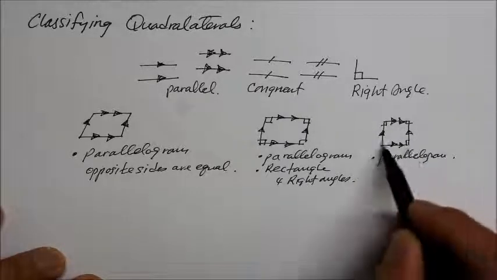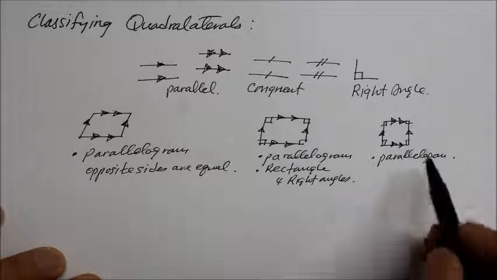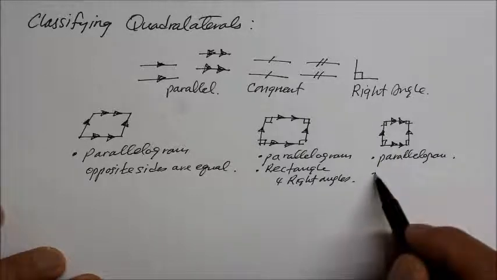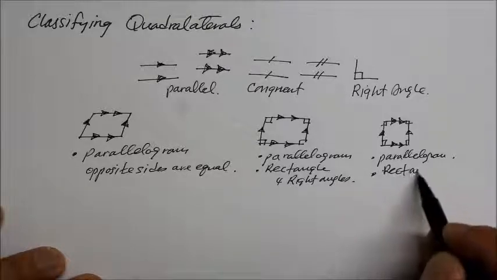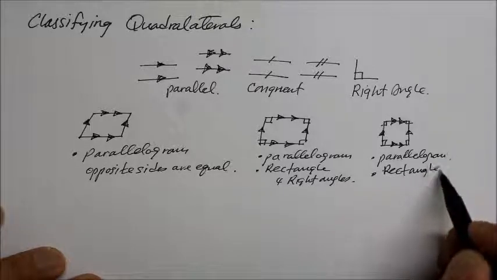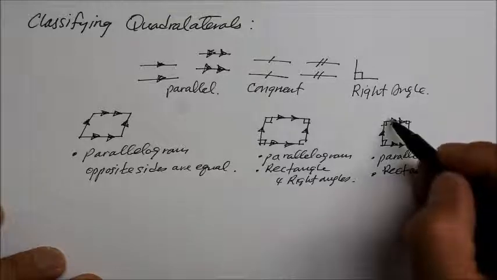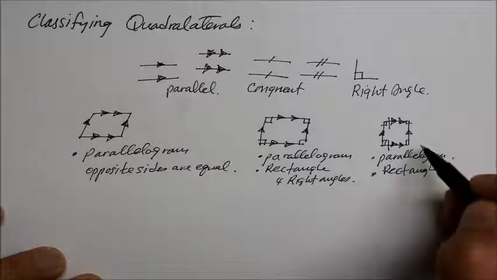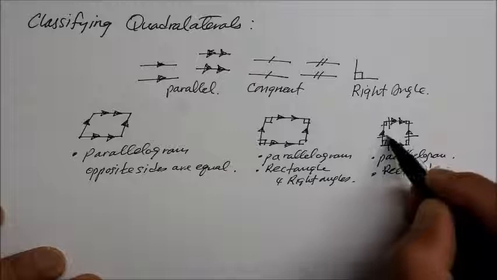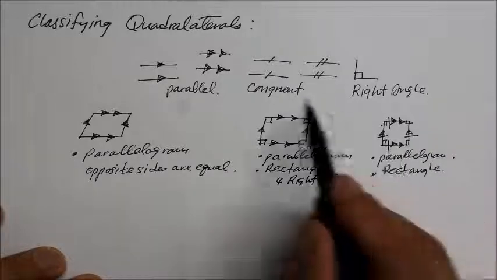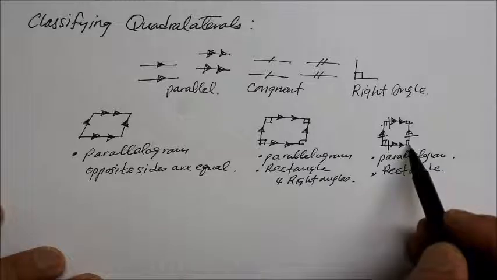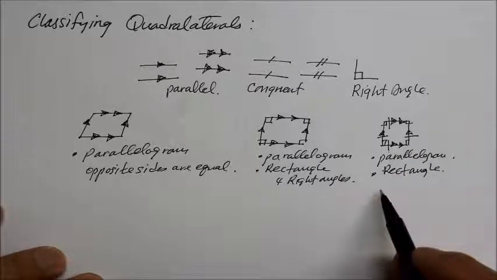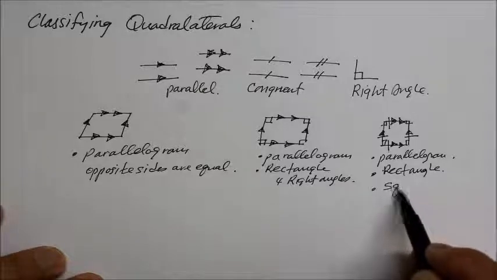And they have four right angles, so this is also a rectangle. But I know it's hard to see, those are notches, just like over here, where the sides are congruent. And because of that, now this becomes a square.